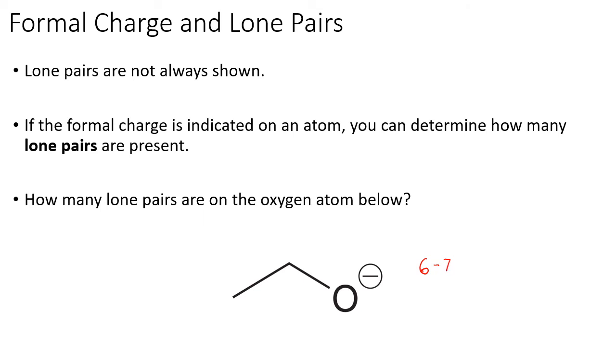We would have to subtract 7, and that would give us -1. So we must have 7 electrons around our oxygen atom. One of those electrons is going to come from half of the bonding, so that one right there. The other 6 would be 3 lone pairs around our oxygen atom. So 3 lone pairs of electrons on that oxygen atom.